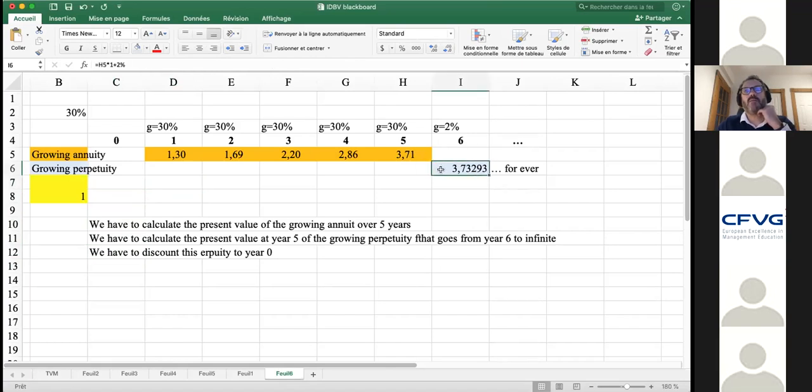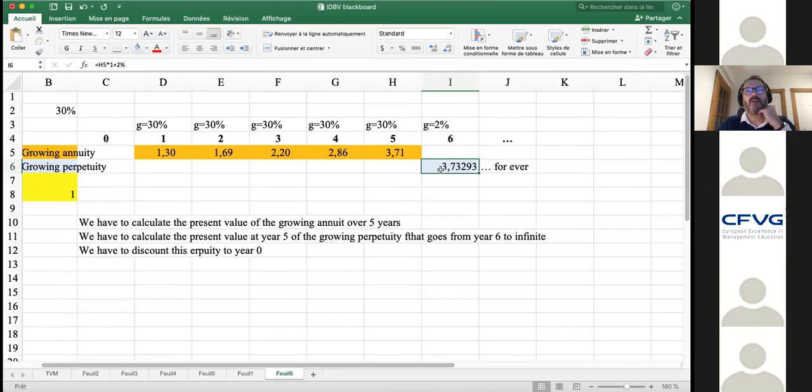So that's going to begin from year 6 to infinity. Finally the present value of this perpetuity will be calculated here.